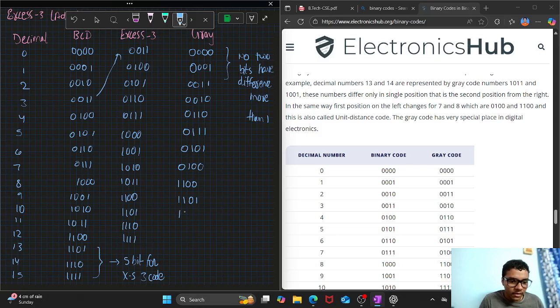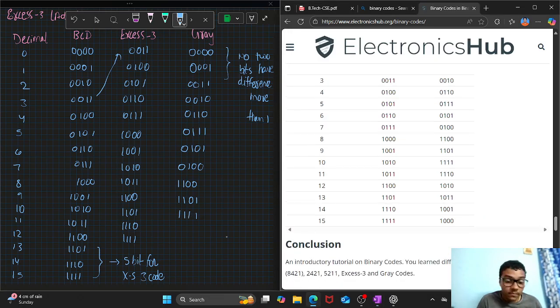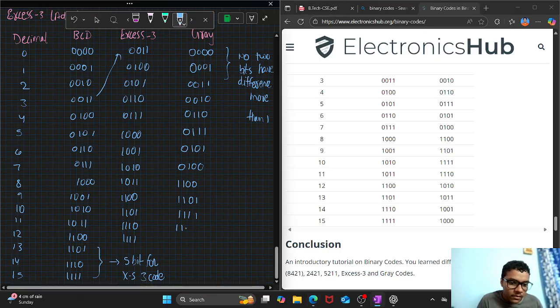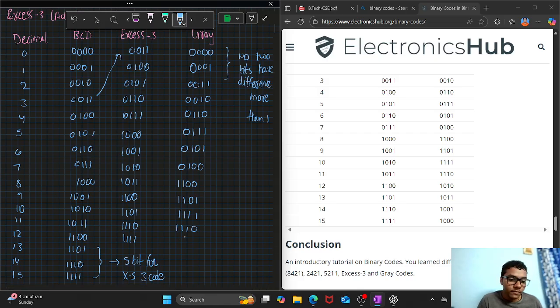And for 10, 1, 1, 1, 1. Nice. 1 plus 0, 1, 0 plus 1 is 1, 1 plus 1 is 0. Then 1, 1 plus 1 is 0, 1 plus 0 is 1, 0.